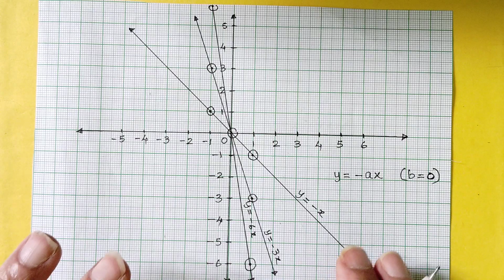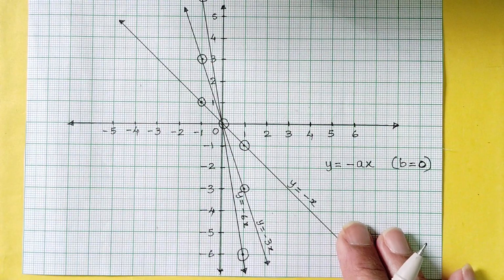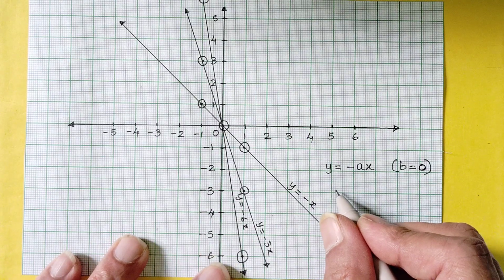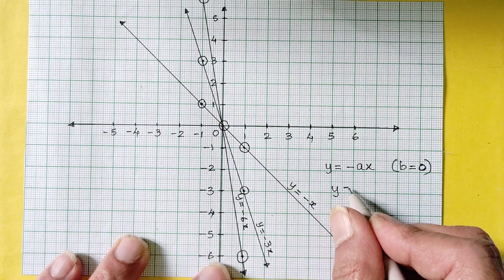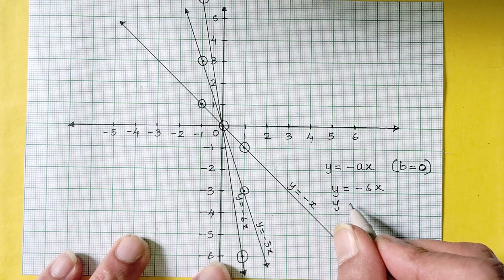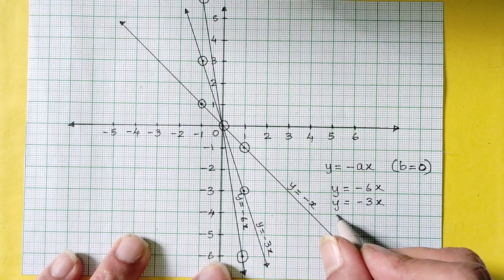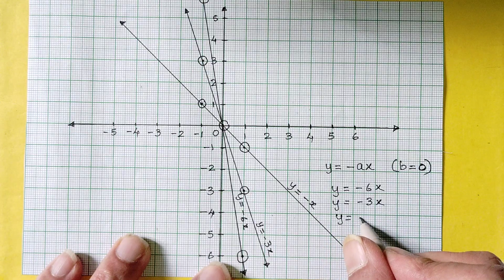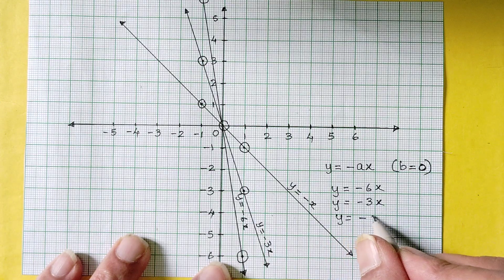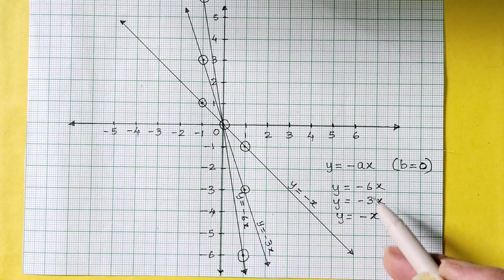The next, the equations are y is equal to minus 6x, y is equal to minus 3x, y is equal to minus x. So the value of a is negative.